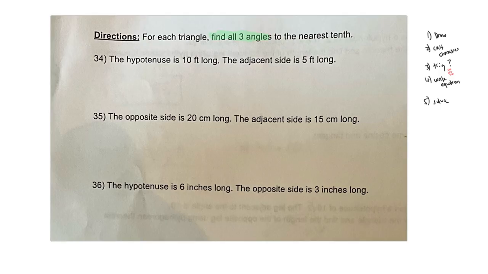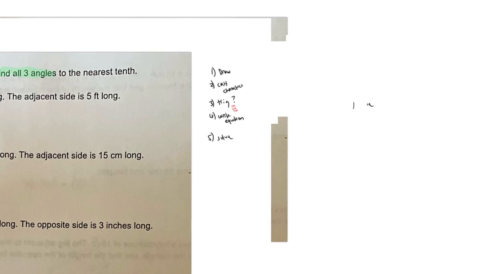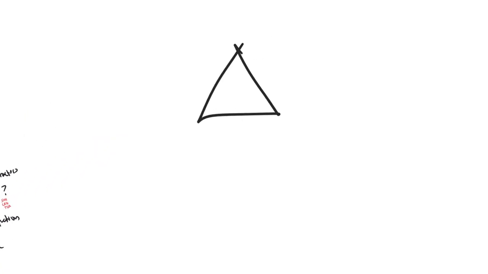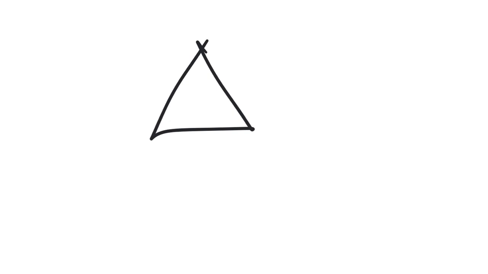Now, one concept that's going to be useful is the fact that all the angles, let's call this angle X, this angle Y, and this angle Z, when you add these in a triangle, they will always add up to 180.